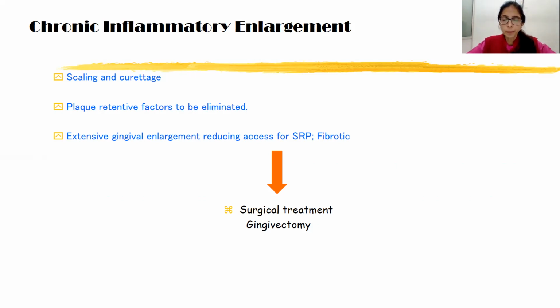After a week's time, when the inflammatory component subsides and the gingiva is still enlarged, then you have to go for surgical treatment, that is gingivectomy, that is excision of the enlarged gingiva. That is a separate topic altogether, and we will cover it in later lectures.